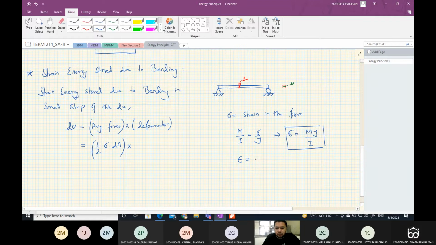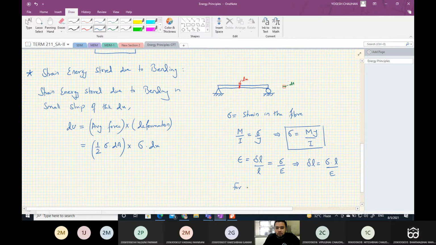In terms of sigma we can write it as sigma by E, so we can write this as delta L by L, which is equal to sigma by E. So we can write this deformation will be equal to delta L is equals to sigma into L by E. Okay, so deformation here will be sigma, length of the element is dx, so times dx.